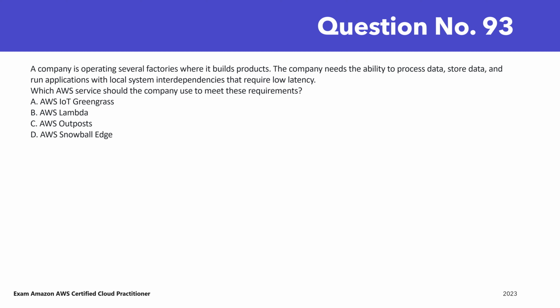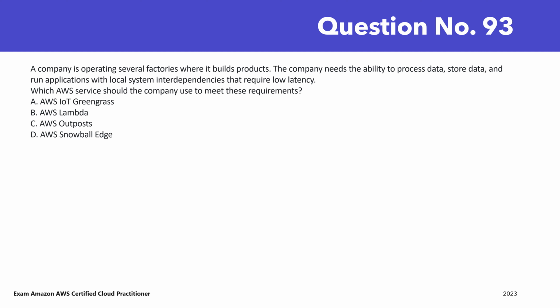The company needs the ability to process data, store data, and run applications with local system interdependencies that require low latency. Which AWS service should the company use to meet these requirements? A. AWS IoT Greengrass. B. AWS Lambda. C. AWS Outposts. D. AWS Snowball Edge. Correct answer, B.